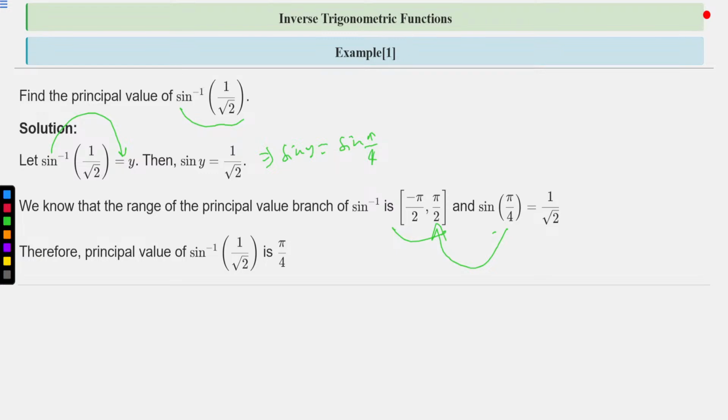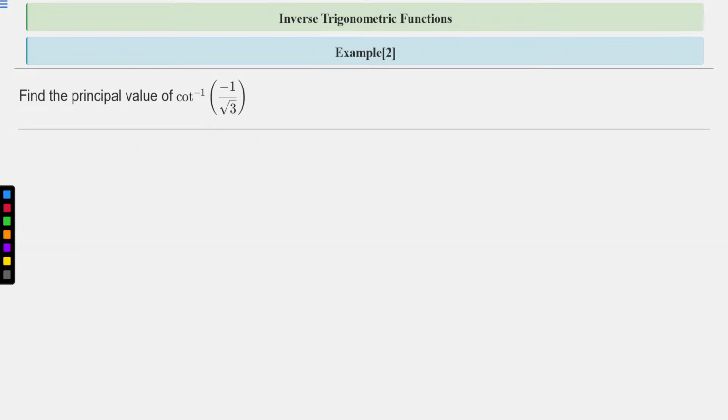Okay, let us discuss the next question. Next question is example 2. We need to find the principal value of cot inverse minus 1 by root 3, right?